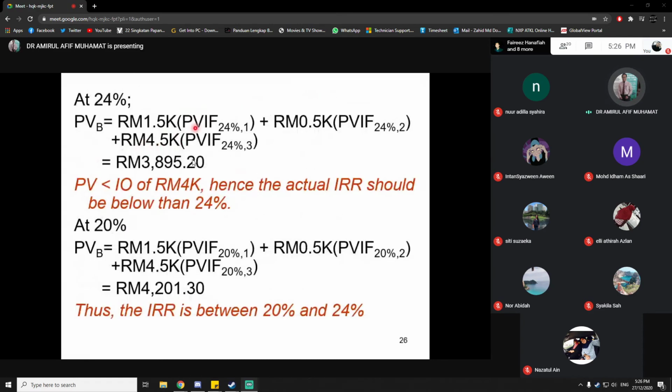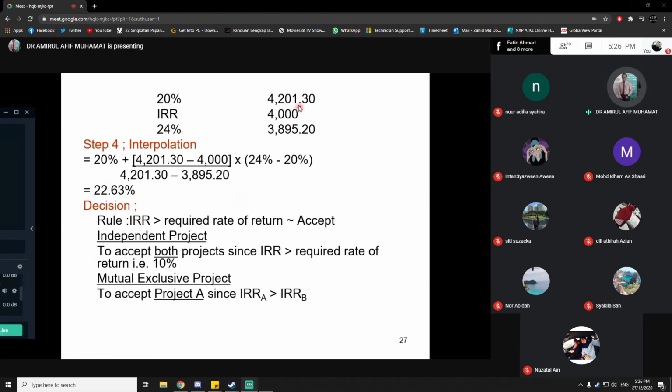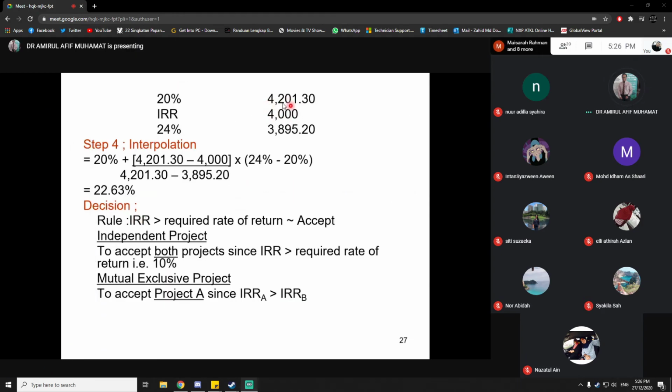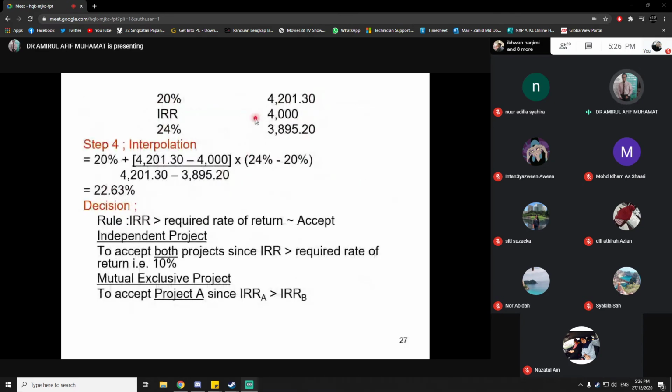So you arrange them. When you get this, you know you have got the range. Why? Because this is your IRR. Your IRR relates to your cost, the 4,000 ringgit.